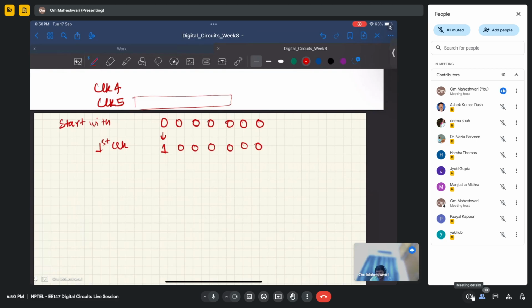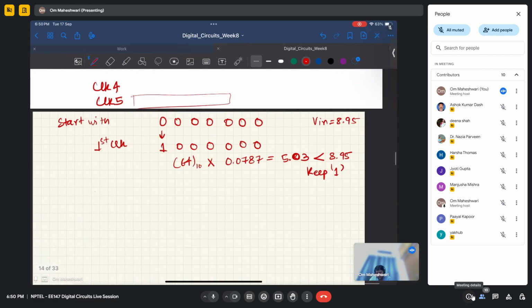Now check, this is actually 64 into the resolution, which is 5.03, and this is less than V in. V in is 8.95. So you keep the bit. Then you move to the second clock. You have 1.